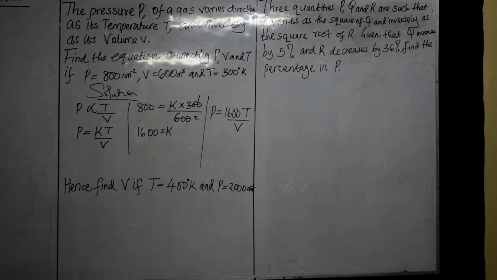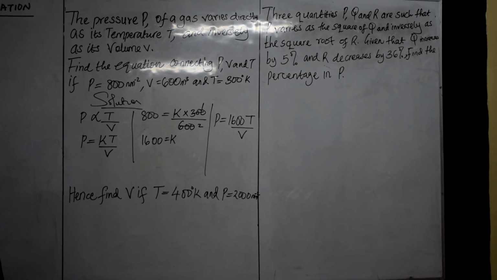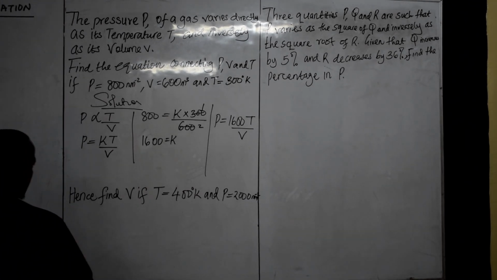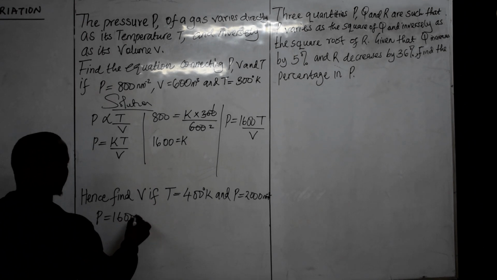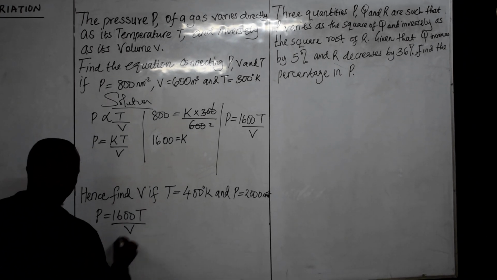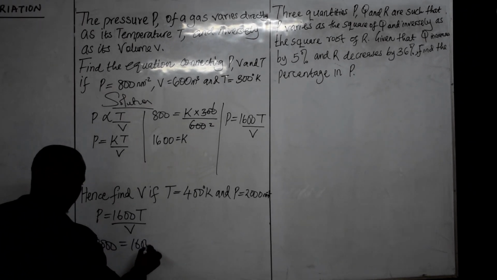Then we are told, hence find V if T is 400 and P is 2000. So we know that P is equal to 1600 T over V. So we substitute in this, we get 2000 is equal to 1600.